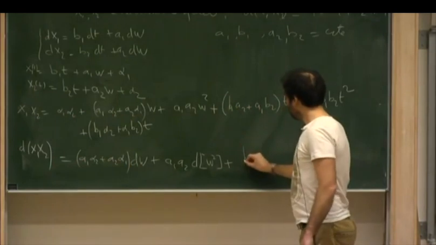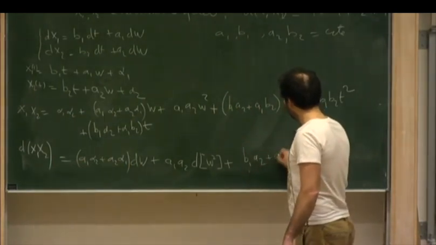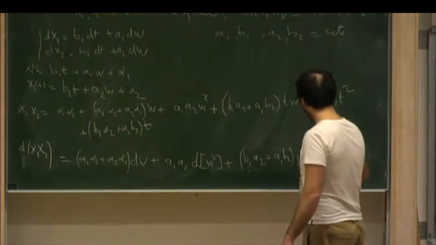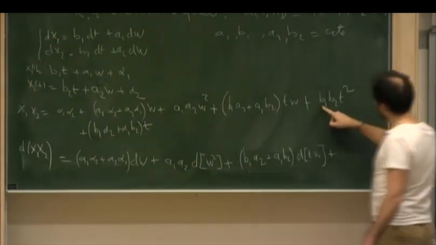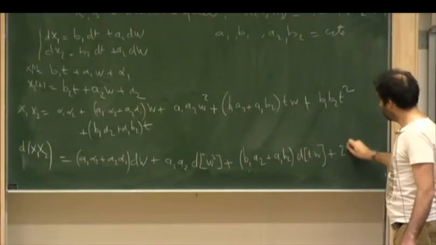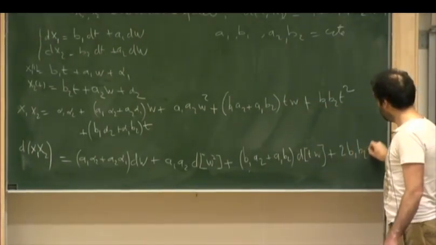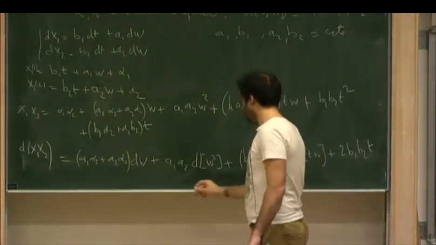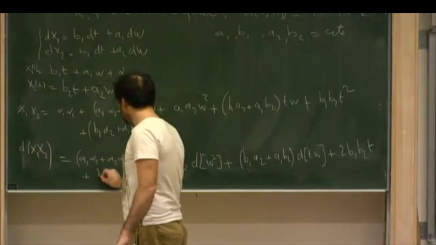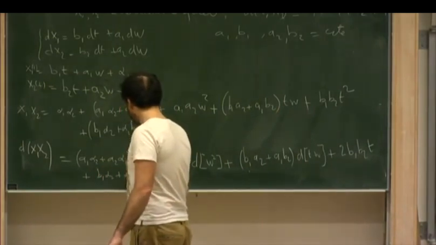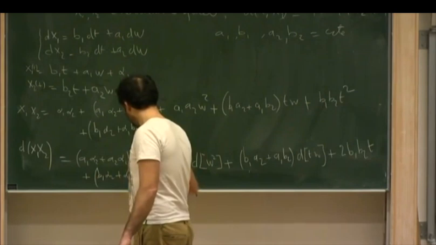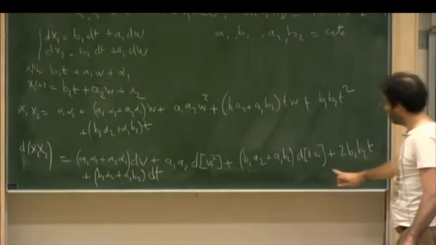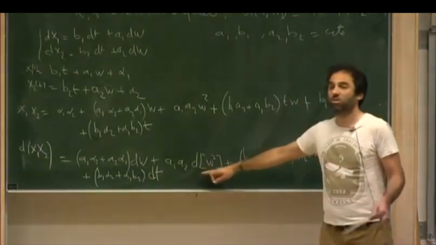This is, again, I don't know what it is: (b1 a2 plus a1 b2) d(tω). This I know because b1 and b2 are constant, and this is just 2 b1 b2 t dt. And this is also known: (b1 alpha 2 plus alpha 1 b2) dt. All right? I haven't made anything yet. I just wrote this d, and now we have to understand what is the meaning of this d.